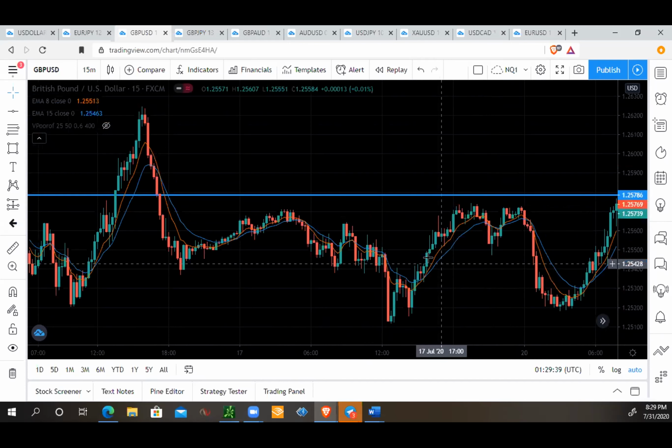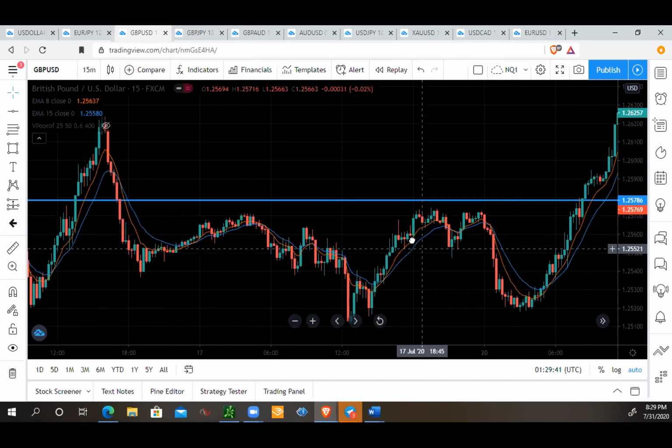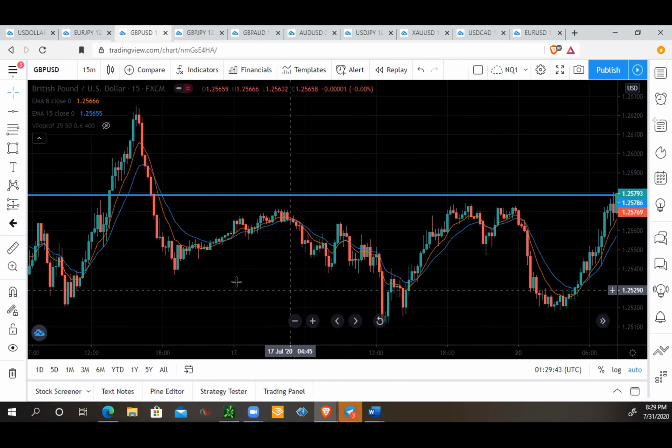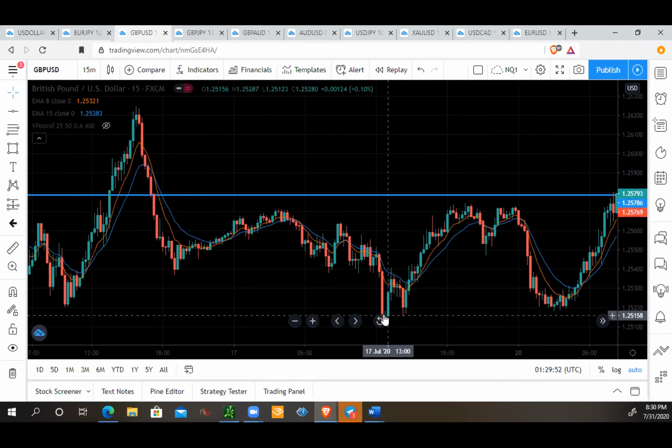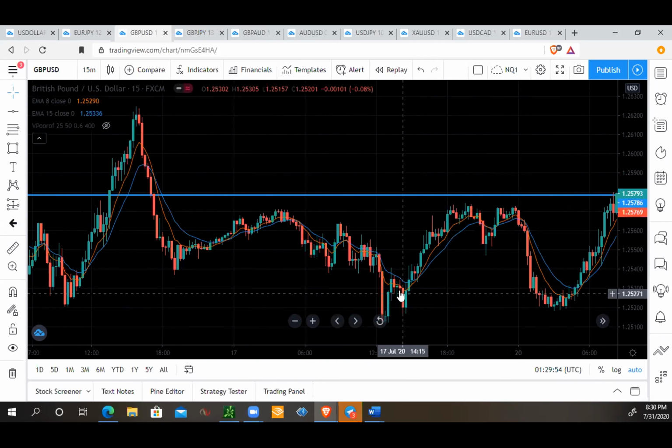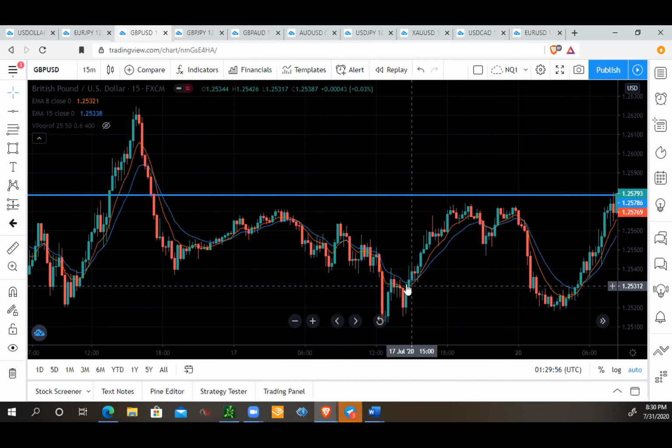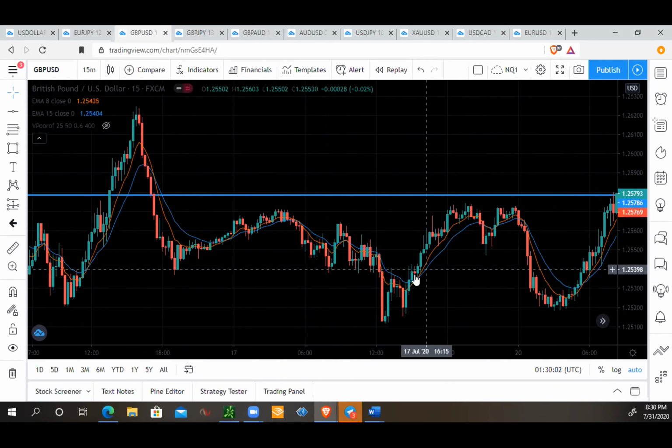I back tested this, and I keep saying I'll show you several times. If I'm in a place of support and resistance, or where I think the market is about to make its move, when I see a bullish move and the 8 crosses the 15, my 8 is my orange one and it crosses the blue, the 15.